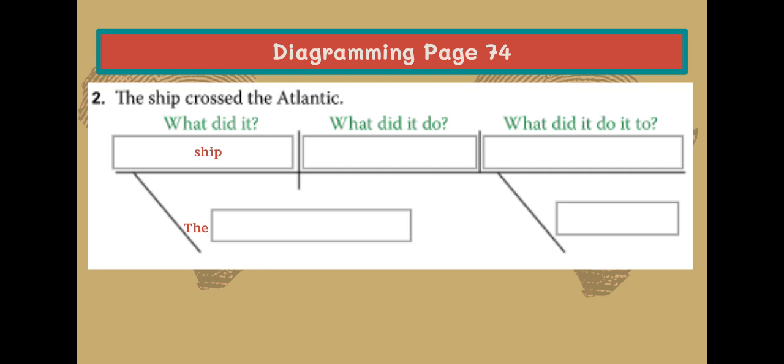What did it do? It crossed. So we're going to put that under the what did it do? And what did it do it to? What did it cross? The Atlantic. Now we're going to put Atlantic on this line, and then we're going to put the down here.